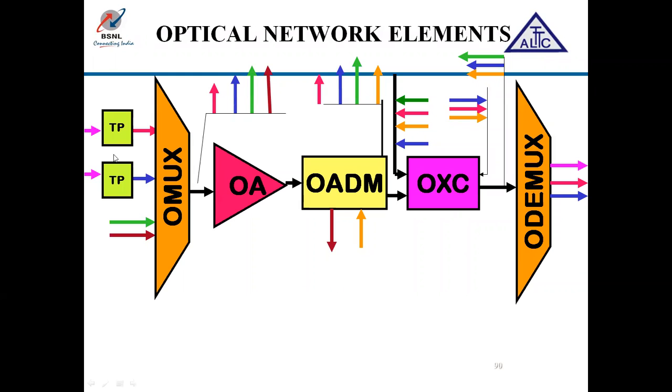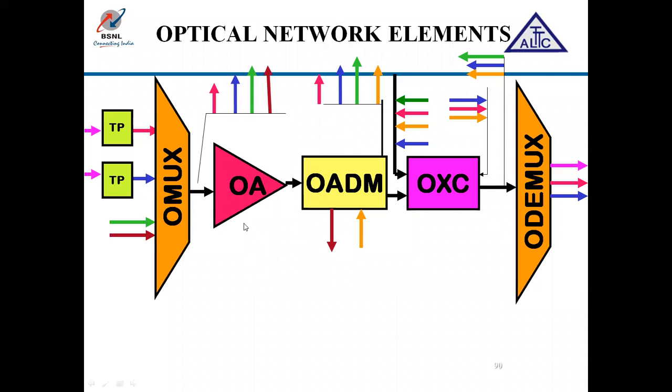Here, this is the transponder, or you may say OTM, channel multiplexer, transponder, whatever you say. Different wavelengths, different systems, are multiplexed here. This is optical multiplexing. After multiplexing, if we amplify the signal with an EDFA amplifier, then this amplifier is a booster amplifier.